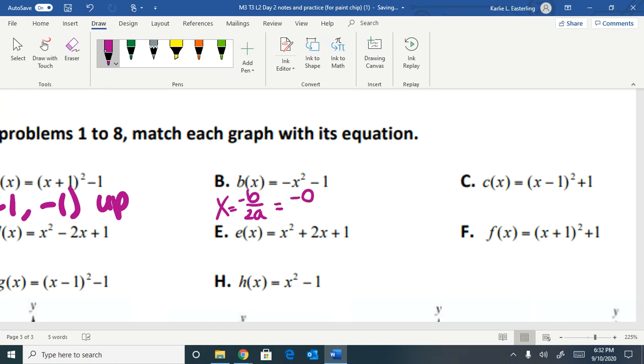We do not have a b value here, so it is 0. But we do have that 2a, and our a value here is -1. Now, 0 divided by a number gives us 0, because our 0 is in our numerator. If our 0 is in a denominator, it would be does not exist. But because we have a 0 in our numerator, we do have an x coordinate of 0.